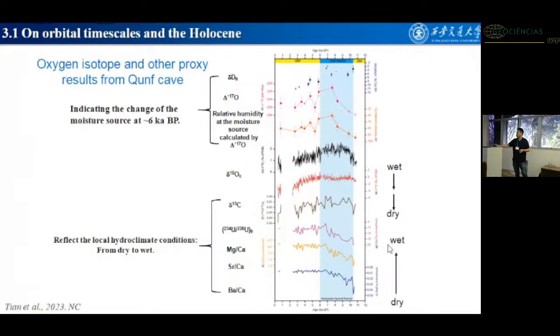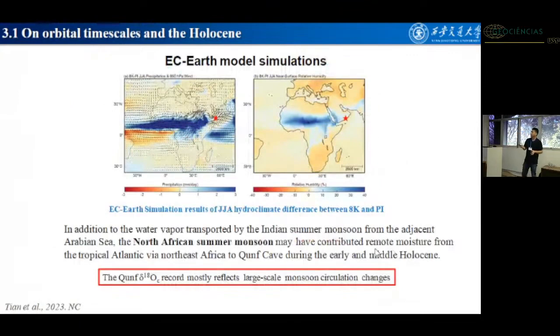It's because of this iTRACE modeling result. We can see this is 8,000 years minus present. The result means that when the insolation is high, the monsoon is strong. We can see for Qunf Cave, there is more moisture from the African monsoon region. So it's a remote source.